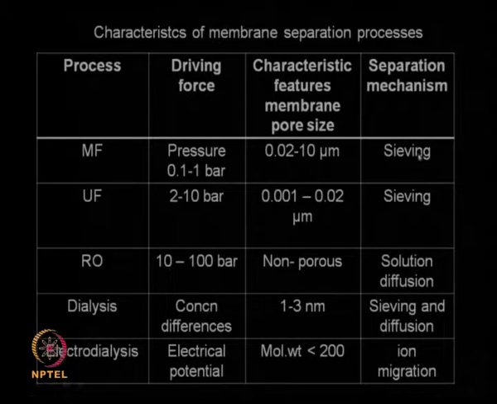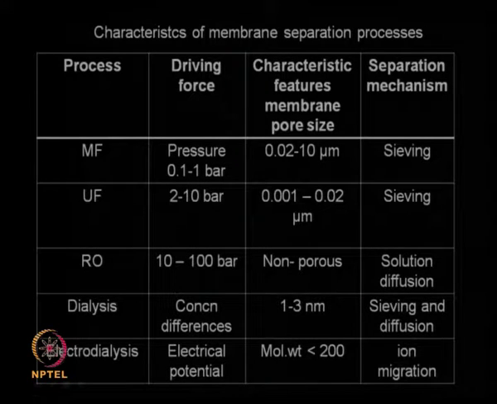That is what microfiltration does. If you go to ultrafiltration, here the pore sizes are much smaller, that is why you are able to capture much smaller particles, hence the pressure drop is also very high. The driving force is almost 10 bar here.